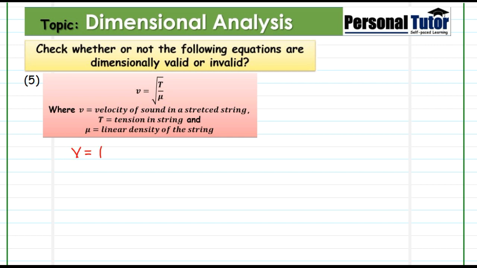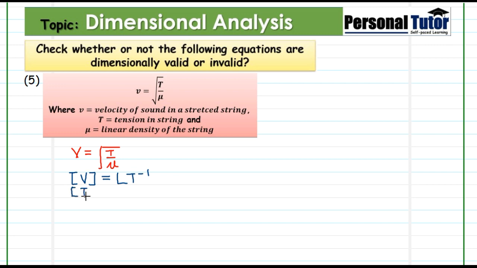V equals square root of T over mu. It is now prudent that we look at each of the parameters there. The velocity of sound in a stretched string is still velocity. So it has the dimensional equation as L T exponent minus 1.